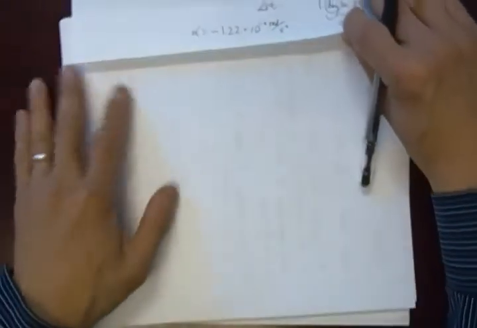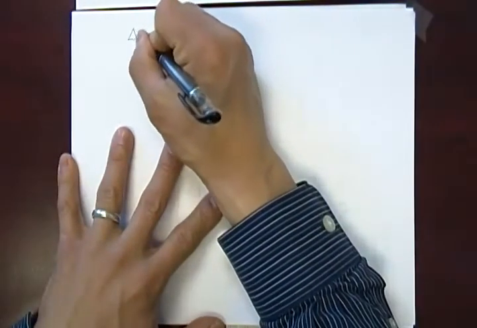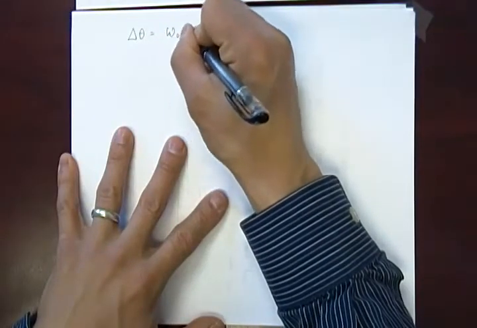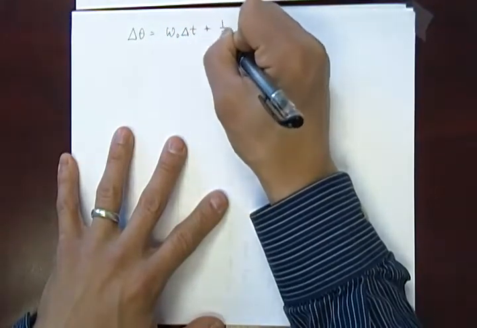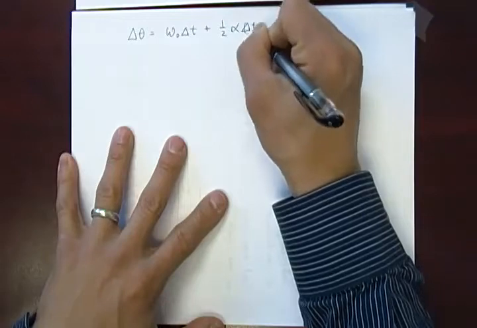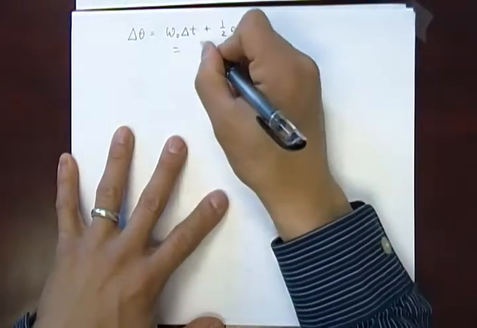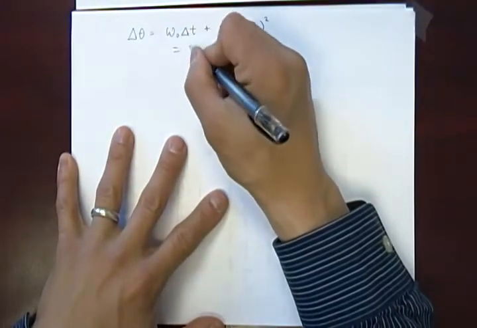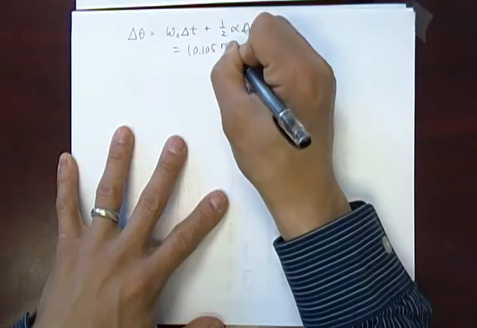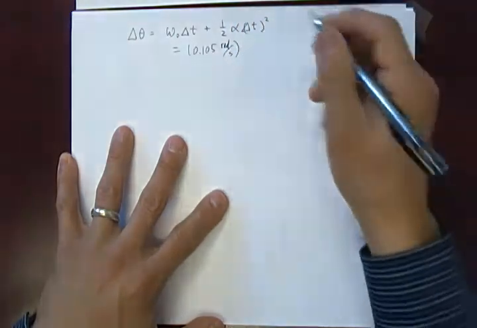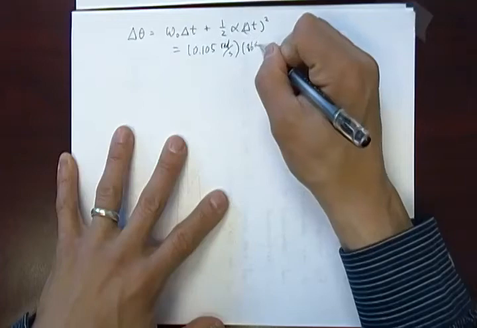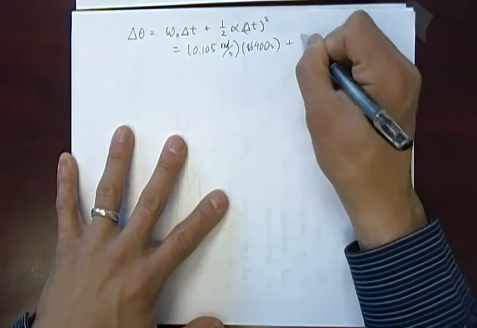So we will say that delta theta is equal to omega naught delta t plus 1/2 alpha delta t squared. And then plug in that omega naught is 0.105 radians per second. Delta t is 86,400 seconds.